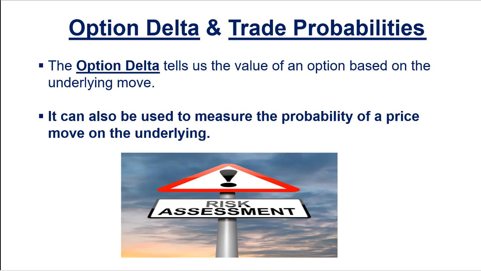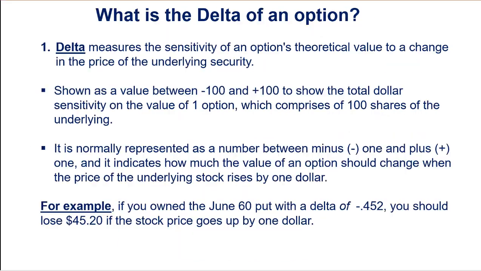When we break down the option delta, number one, it measures the sensitivity of an option's theoretical value to the change in price of your underlying security. Option delta is shown as a value between minus 100 and plus 100 to show the total dollar sensitivity of one option contract, which is equivalent to controlling 100 shares of the underlying security.